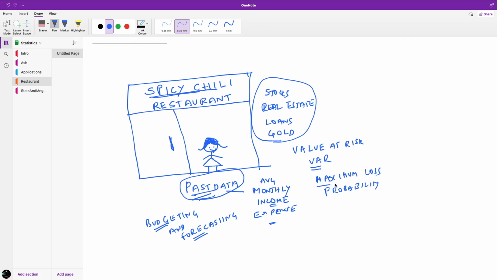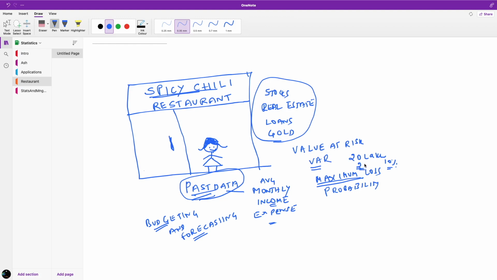So we are quantifying it. Let us say she puts in 20 lakhs, and you say the chance that she will lose 2 lakhs is 10%. So she will be able to make decisions based on her risk appetite.